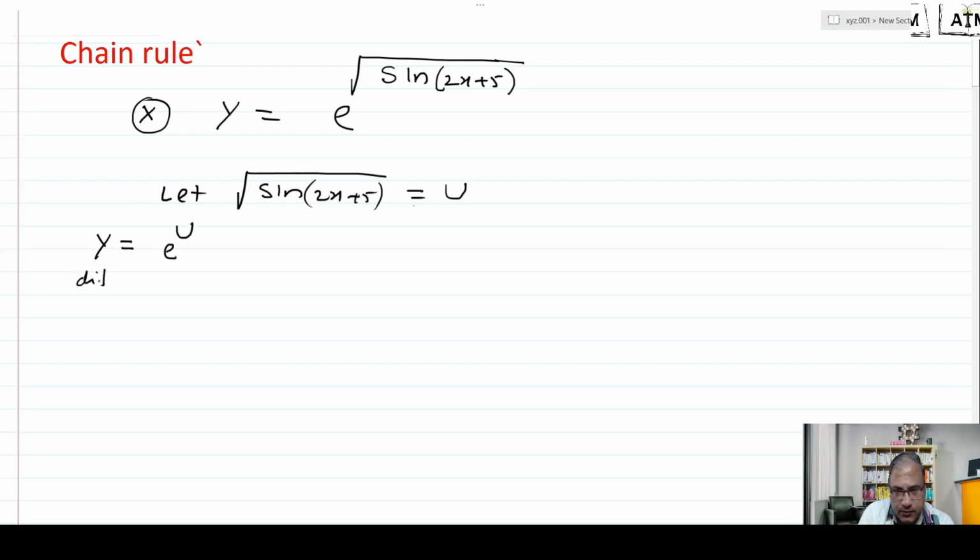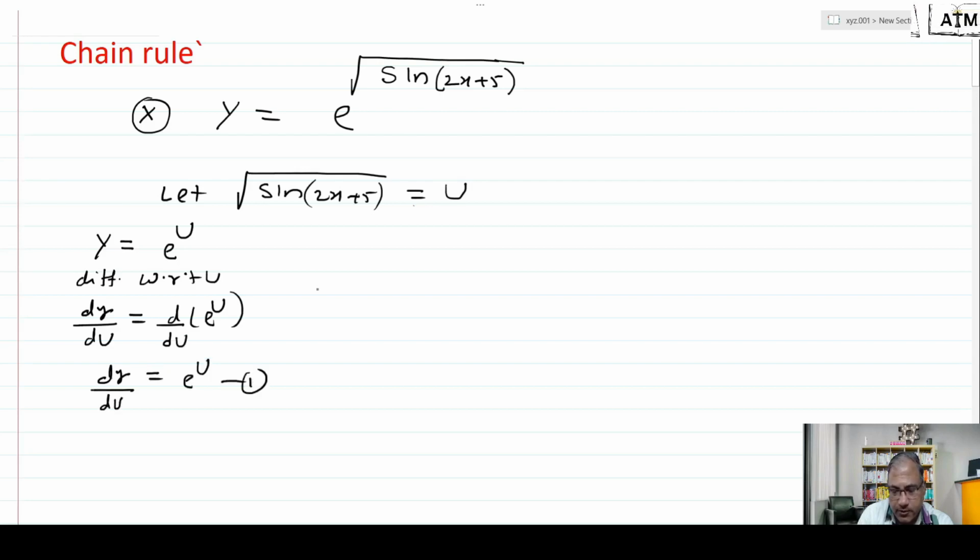Then differentiating with respect to u. Therefore, dy by du equals differentiation of e raised to u with respect to u, which equals e raised to u. This is dy by du, equation number 1.